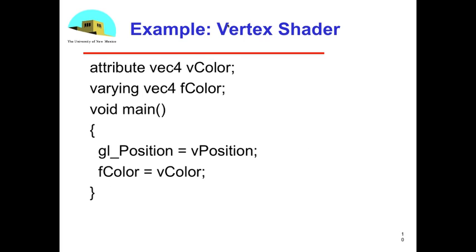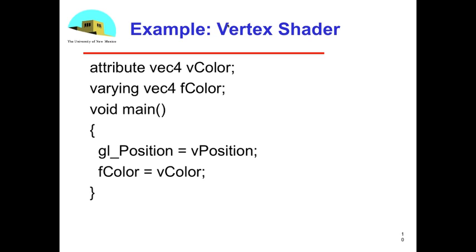So here's, again, a very simple vertex shader, but in this case, it has two variables. The attribute is V color because it's coming from the application, but it's being sent off to the fragment shader through the rasterizer as a varying variable, so we're going to call it F color.